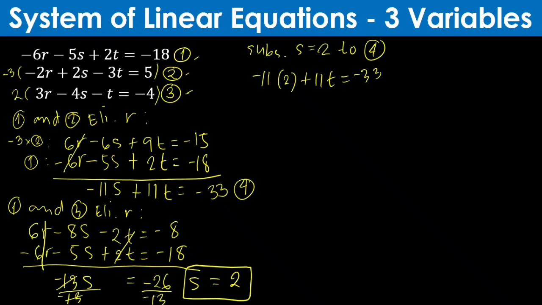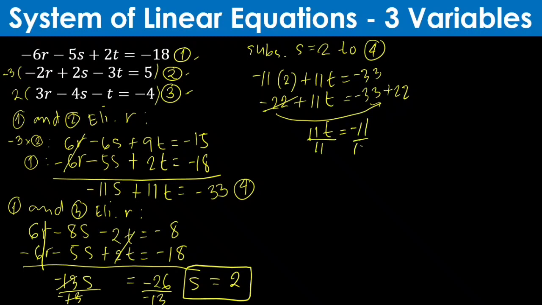Now this is equal to negative 22 plus 11t equals negative 33. You can move this to this side, becomes plus 22. Okay, it's now 11t equals negative 11. Divide 11 both sides. And this gives us t equals negative 1.